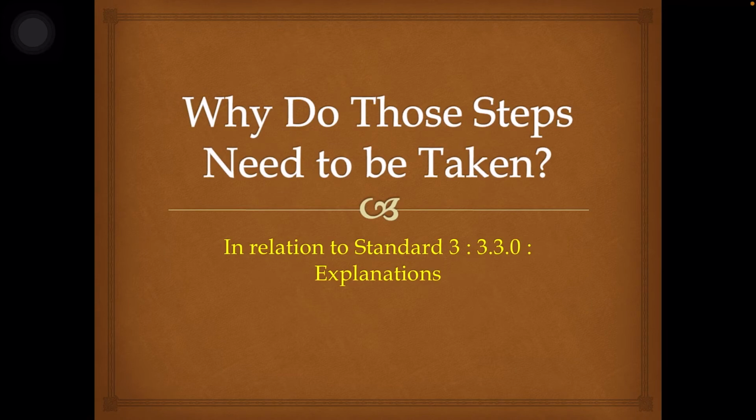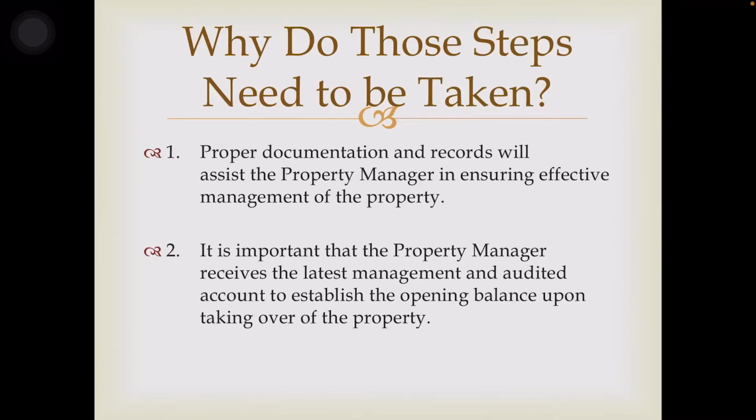why do those steps need to be taken, in relation to Standard 3.3.0 explanations. Basically, this part will explain why the steps in part 2 are very crucial for a property manager to comply with the standard. Number 1, the property manager needs to do those steps because proper documentation and records will assist the property manager in ensuring effective management of the property.